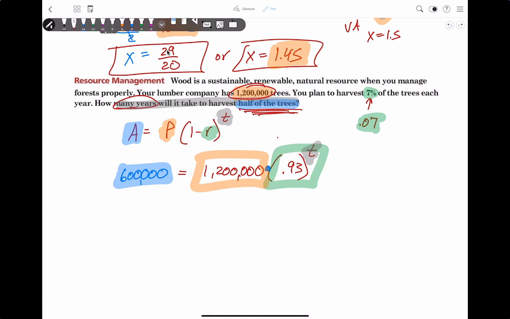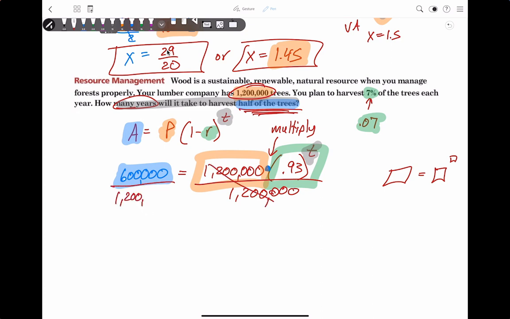Our goal is to break up this multiplication. Because again, we want a base raised to a power equal to a number, okay? So when I divide both sides by 1.2 million, these cancel to 1, and this becomes 1/2. Now, you've probably heard this in chemistry, if you've already taken chemistry, something like half-life.